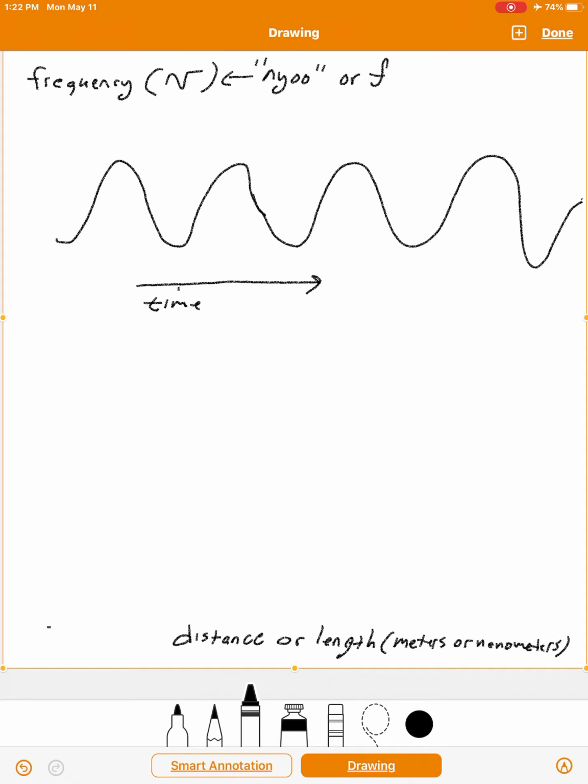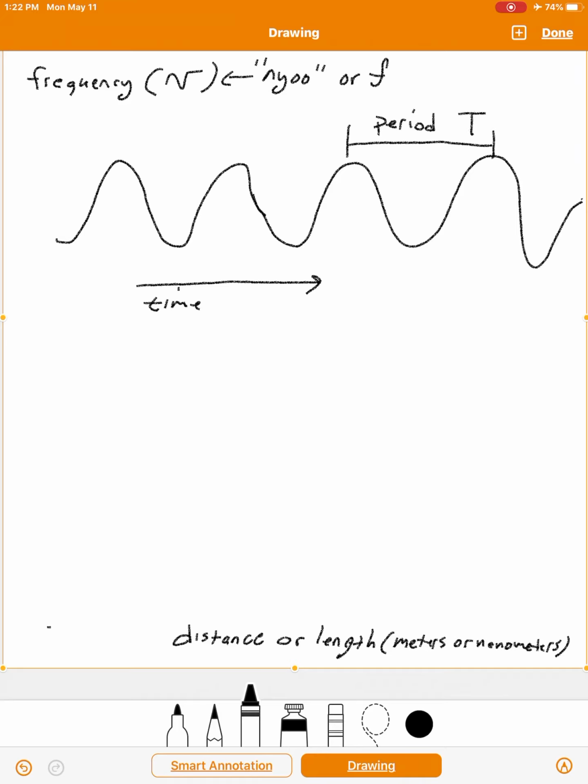There's going to be a peak, and then it's going to get lower, and then it's going to peak again. The waves are crashing onto the beach towards you in time, right? They come in time, in some sort of repeating pattern. So what I'm going to do is I'm going to call the distance on the x-axis here, it's a time unit, right? I'm going to call that the period of the wave.